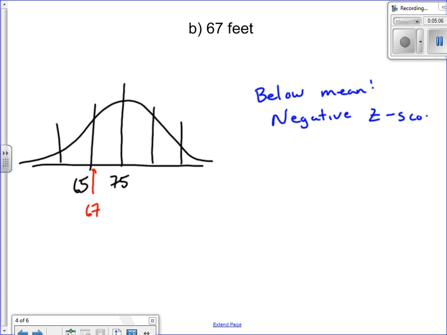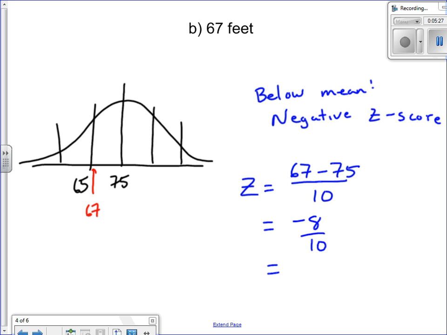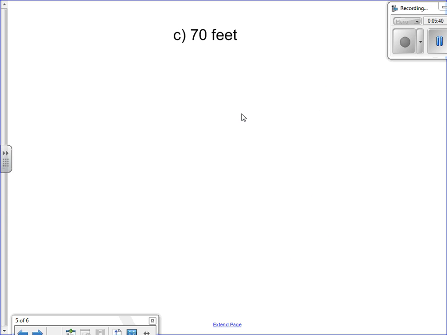Let's calculate the z-score here at 67 feet. We'll take the 67, subtract our mean, 75, and divide back through by our standard deviation of 10. So 67 minus 75, we're now at negative 8 over 10, for a z-score of negative 0.8. So we are 0.8 standard deviations below the mean, and that negative helps us to see that.